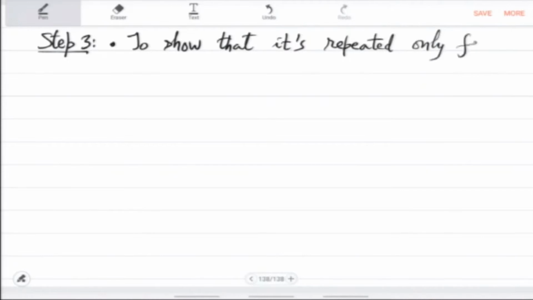So to show that this number of repetitions is bounded, that it's not repeated, to show that it's repeated few times, we need a potential function.